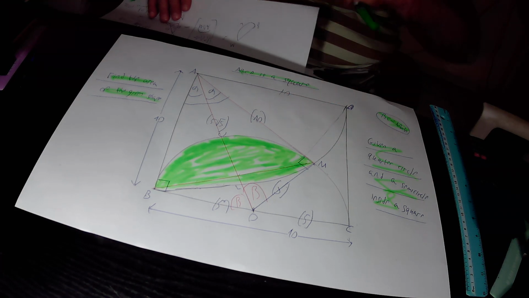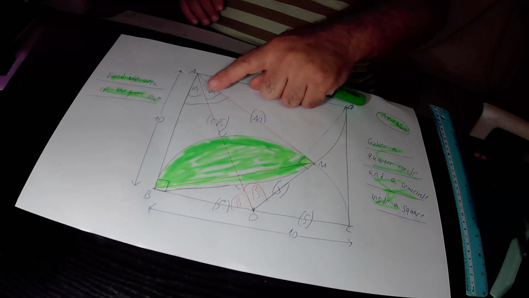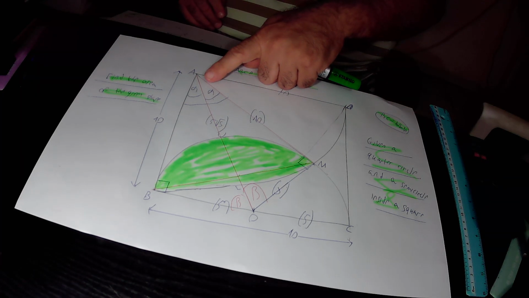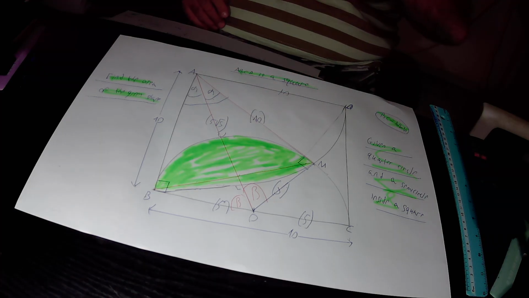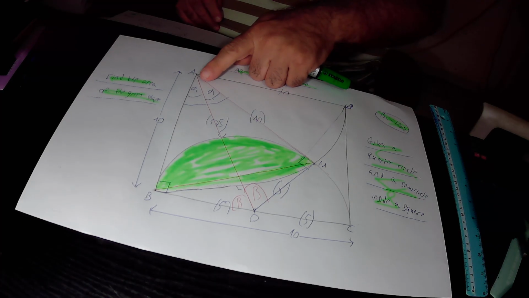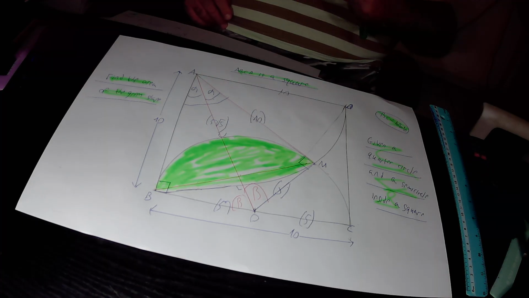This is 1 over square root of 5. And therefore alpha itself equals arcsine of 1 over square root of 5. This actually equals 26.565 degrees in its size.